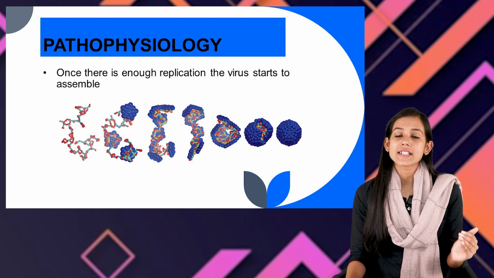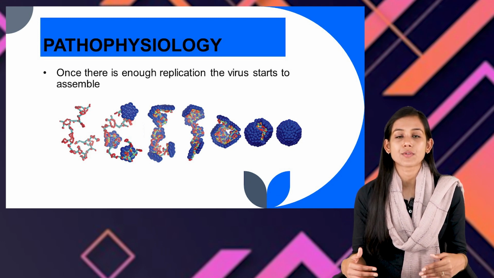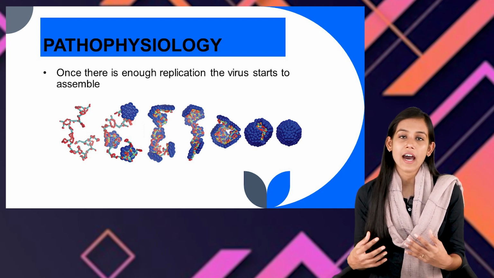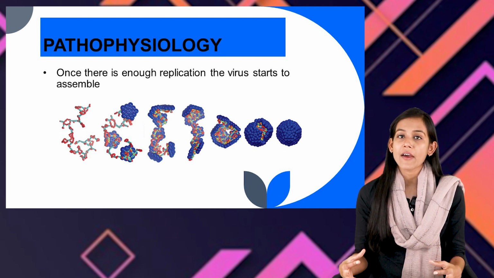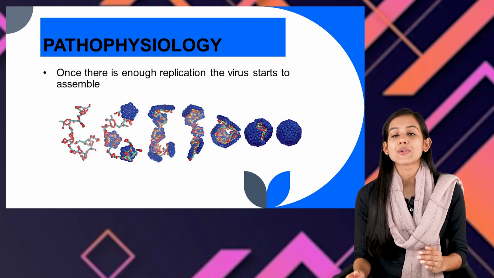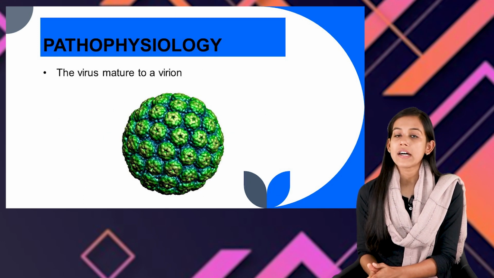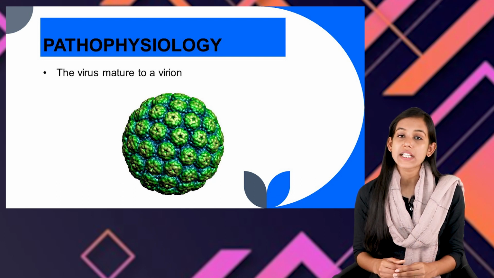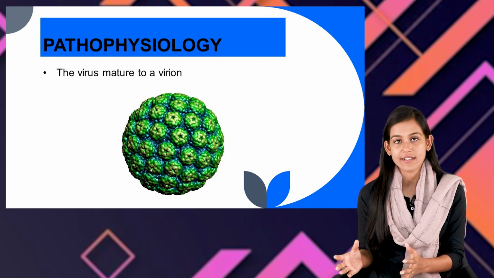After disassembling, we get a viral RNA which is exposed, present outside the host cell, and this viral RNA starts to replicate. Again, when we have enough replication, the virus starts to assemble again. Now the virus matures to a virion, and then it gets packaged again and can be released to infect other cells. So now the virus is again released.